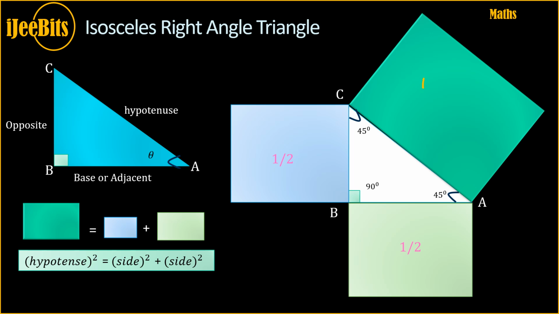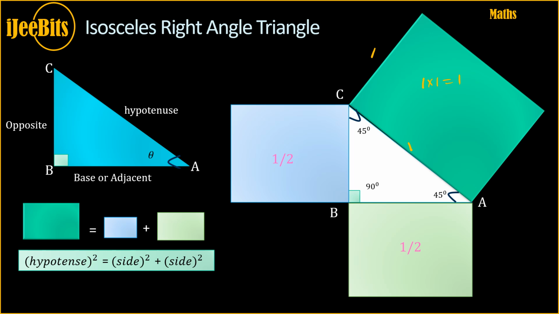So what I would do here is construct a square of length 1 unit, with AC as a side. Then what I can form is a square, right? Square units. So if each side is 1, then the area of the square is 1 into 1, which is nothing but 1, right?